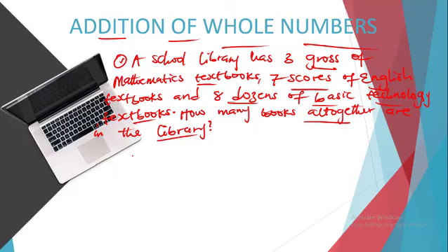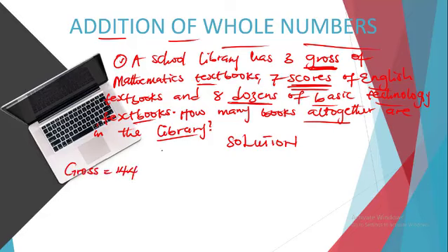Now, in this question, the first thing I want you to understand is the meaning of the words gross, scores, and dozens. So let's start. Solution. The word gross means 144.